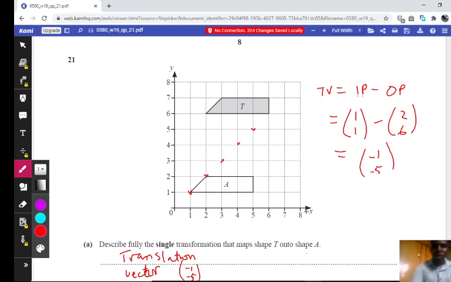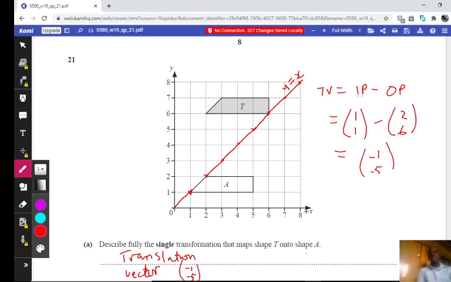So it passes through these points. That's where the line y equals x passes through. So you can find your ruler and join the points. So this is the line y equals x. You have to label it here.